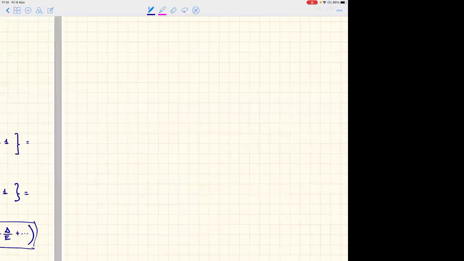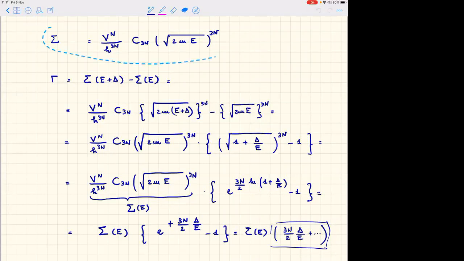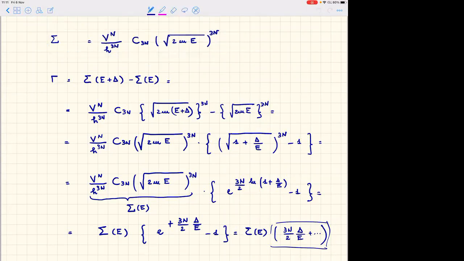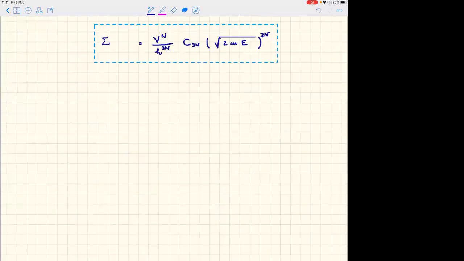All right, so now we are ready to move on. Let me take this sigma, copy, go to the next page.